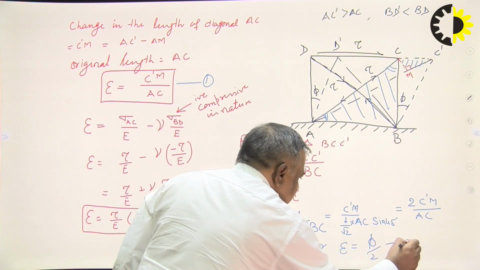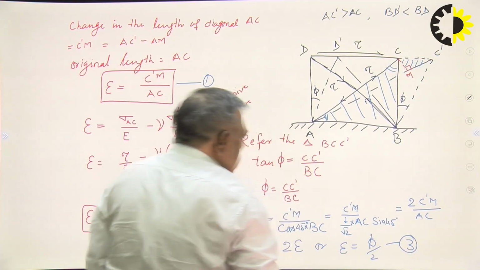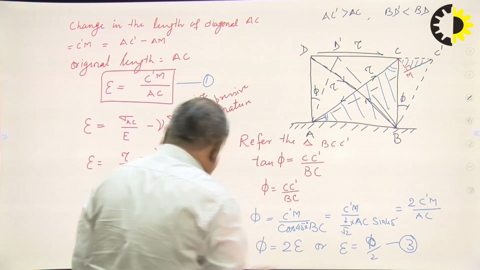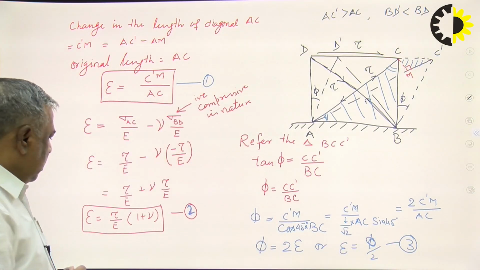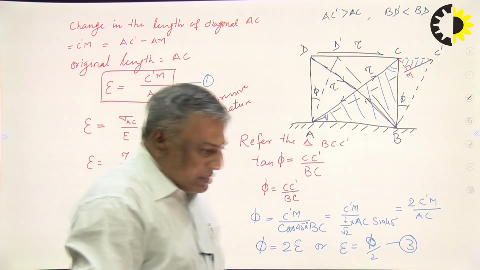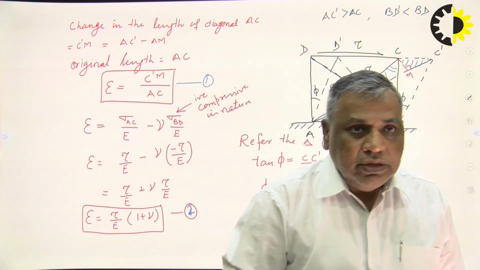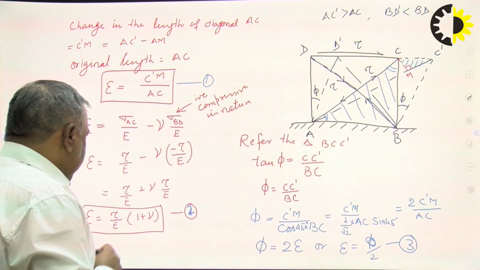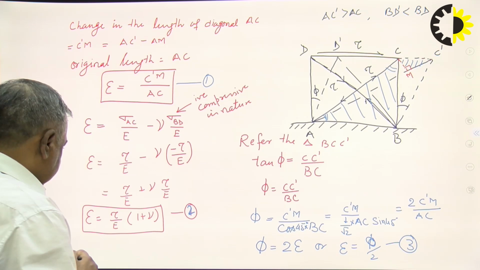This is equation number 3. Now if I consider equation number 2 and 3, because from both equations we have obtained the net strain in the direction of diagonal AC, we can equate equation number 2 and 3.